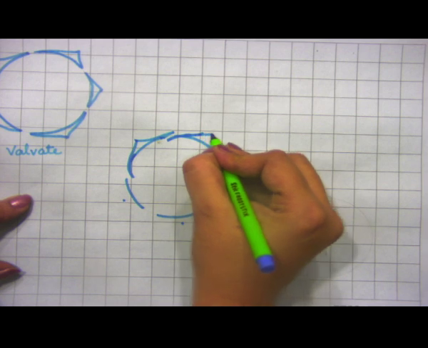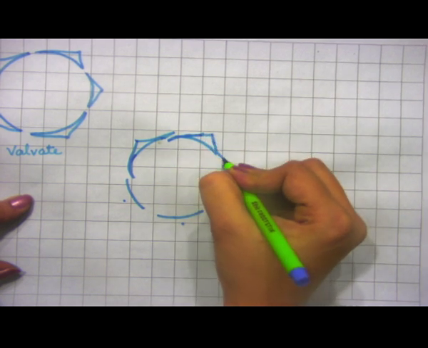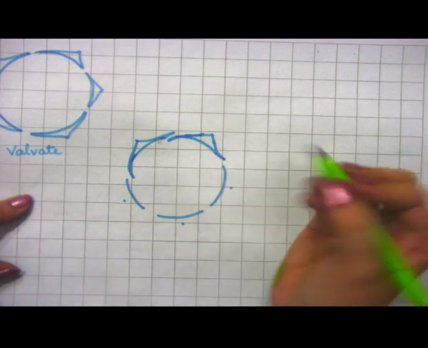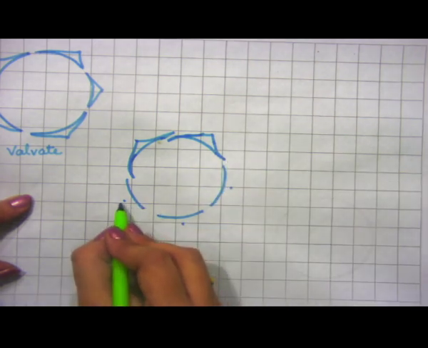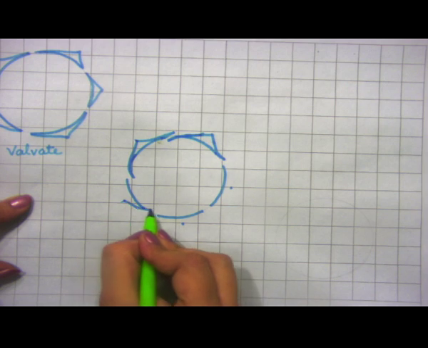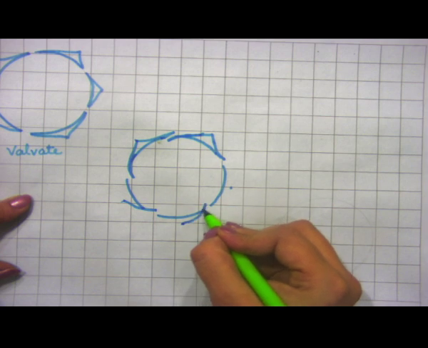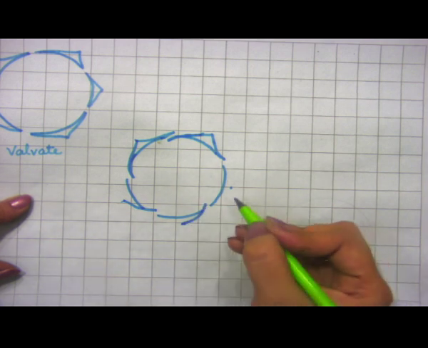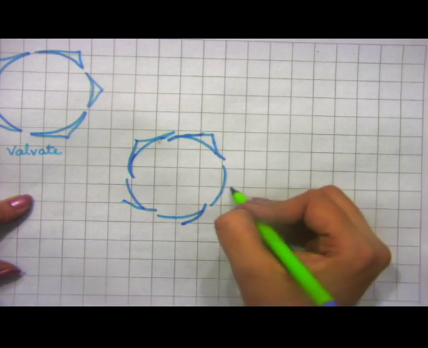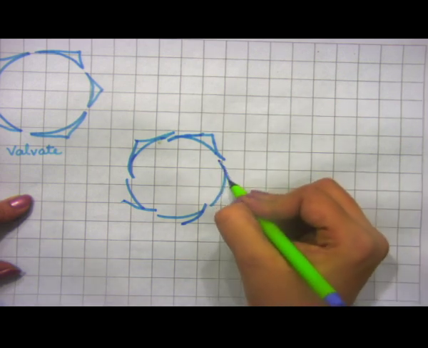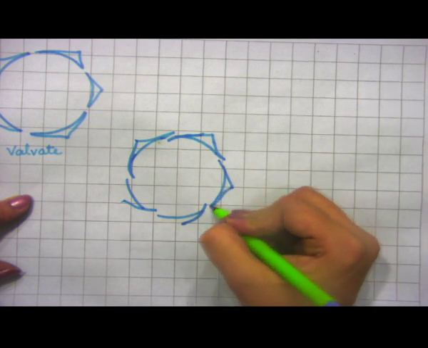So, what are we doing? We are making the overlaps with the help of the other arcs that we are drawing. That is it.